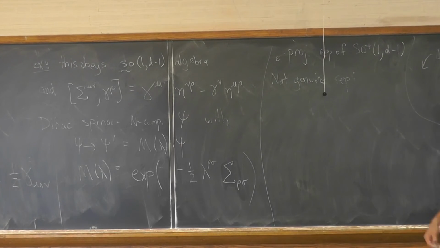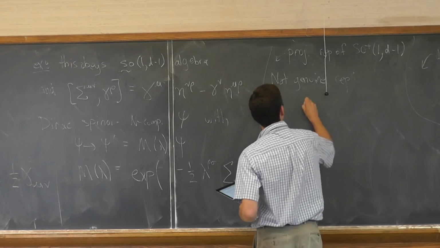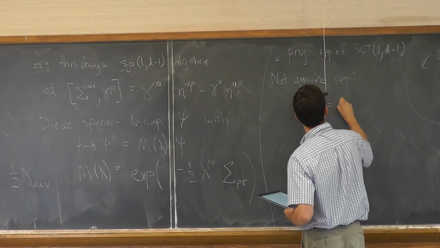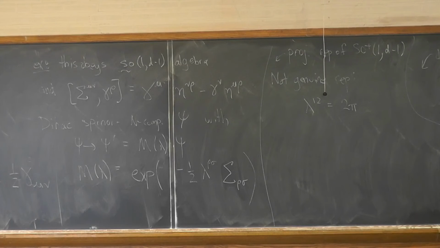I know you already know that, but I just want to state it in the language that we've been presenting here. So in this language, the rotation by 2 pi in the 1-2 plane is what you get if you just set these real parameters, lambda 1 2, to 2 pi.